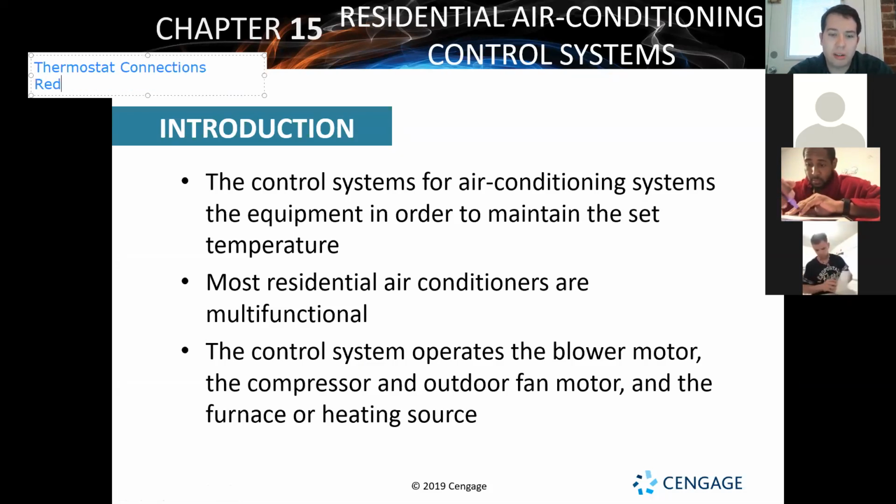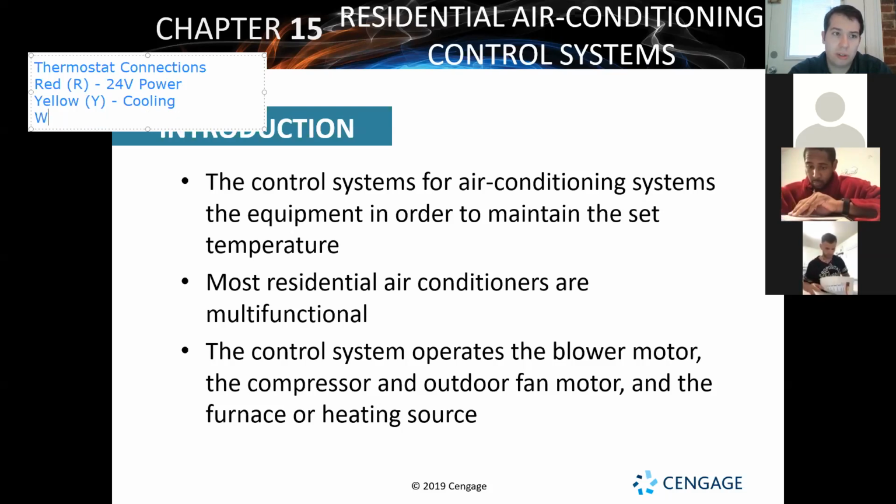You're going to have red, or your R terminal. That's going to be your 24 volt power. You're going to have your yellow Y terminal, call for cooling. Your white, your W. That's going to be for your call for heating.